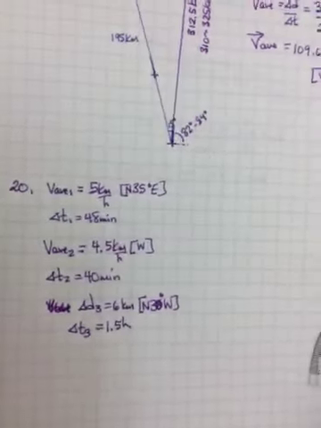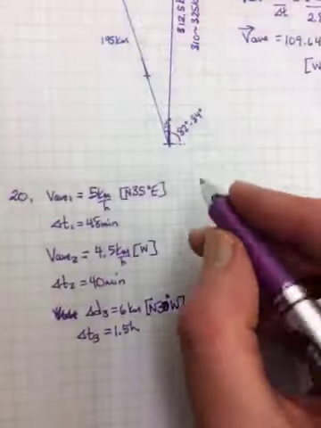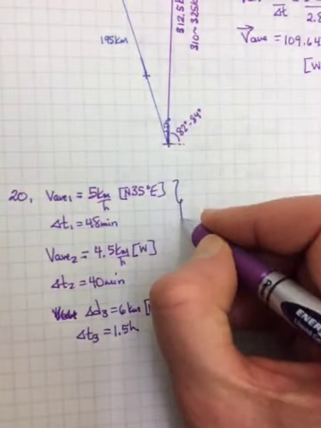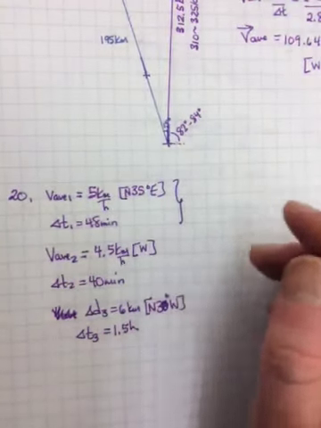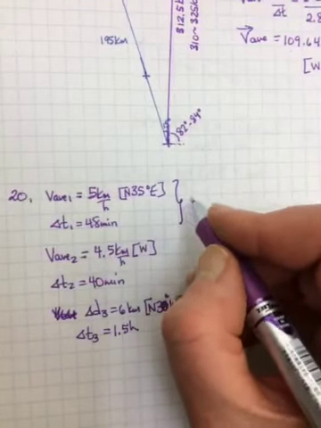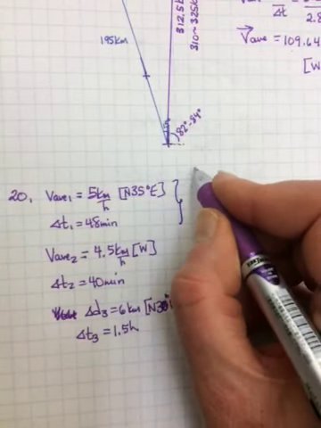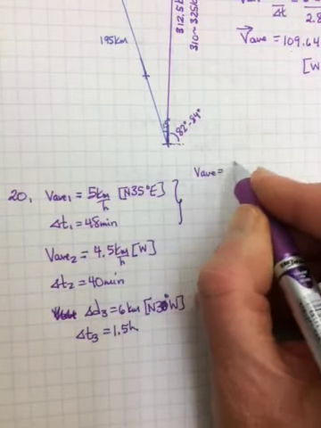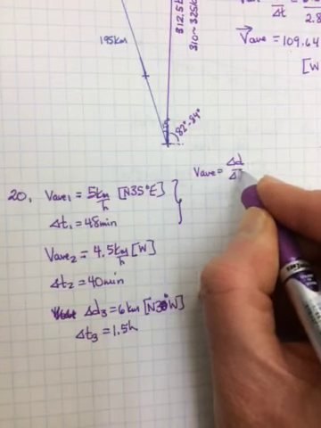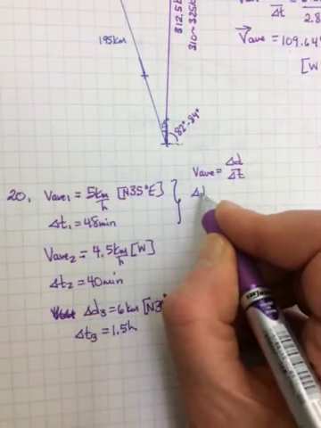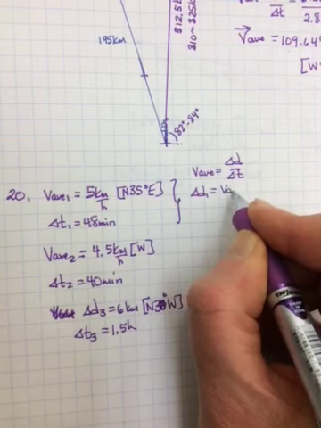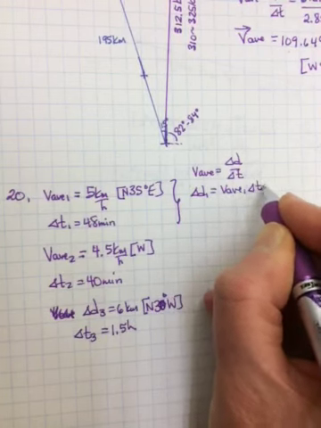Okay? And so what we had talked about in class the last time I saw you was, before you can draw this, you have to actually find how far he went with each of these. So using VAV equals delta D over delta T, we can rearrange. So delta D1 will equal VAV1 times delta T1.